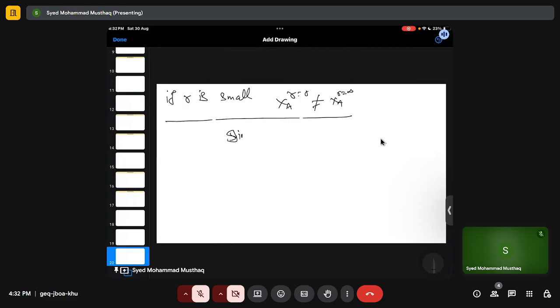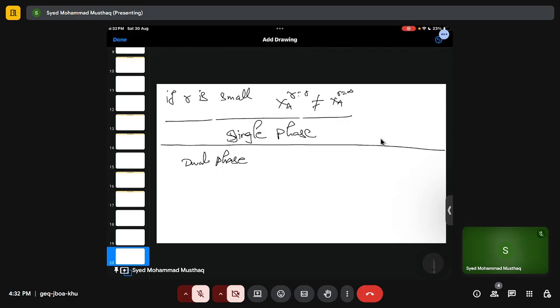What happens if we have a dual phase? Then the chemical potentials will change.